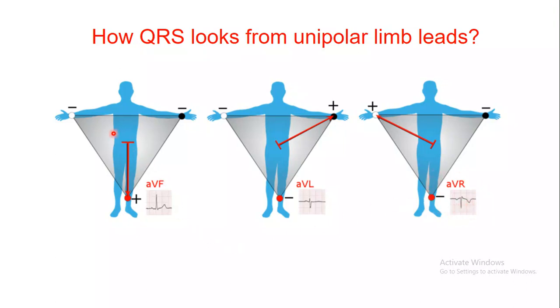And as it is going downwards and to the left in the direction of the left foot, the left foot electrode will record a positive QRS complex, while that of the left arm is midway between both, because the direction of the depolarization wave is also directed to the left, but it is downward, and it is relatively away from aVL, so it will create a biphasic QRS as seen here.